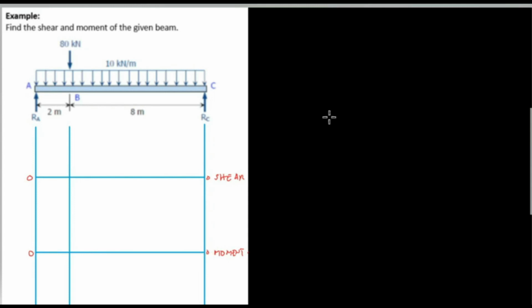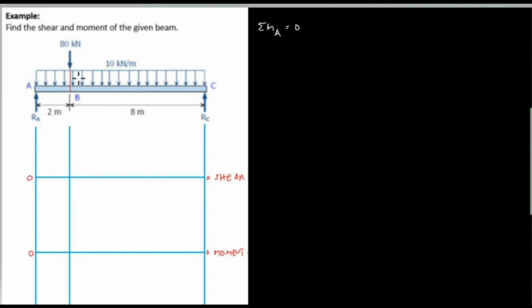We will get the reaction RA and RC using first the summation of moment, which is, for me, I'll be using at point A to eliminate the value RA, and the remaining unknown is the RC. So summation of moment at A is equal to 0. From A to B, we have a uniform load of 10 kilonewton per meter, and then we will get the resultant.